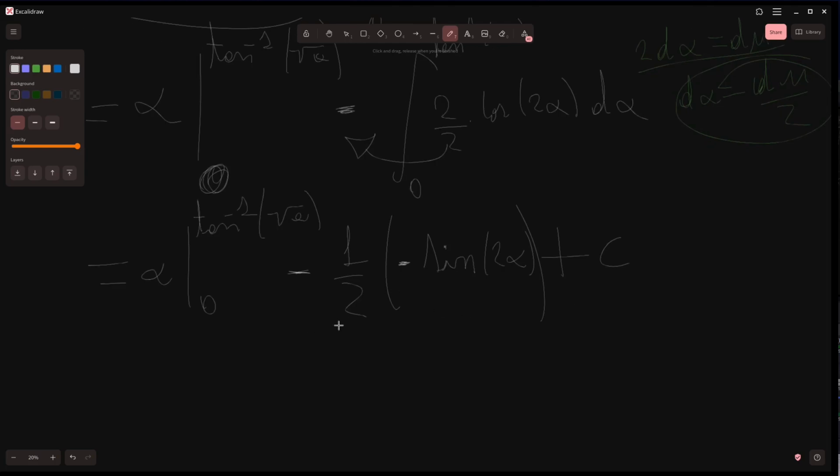And it should be from 0 to arctangent of the square root of a.